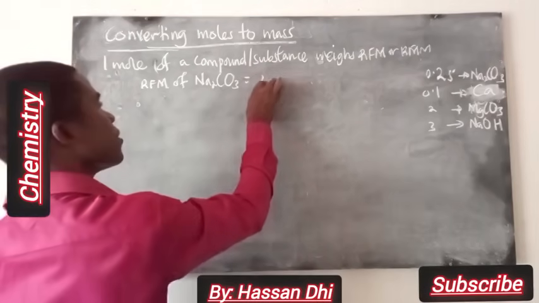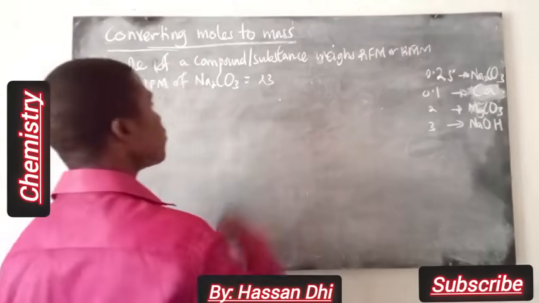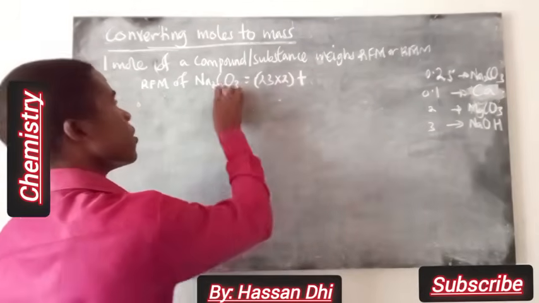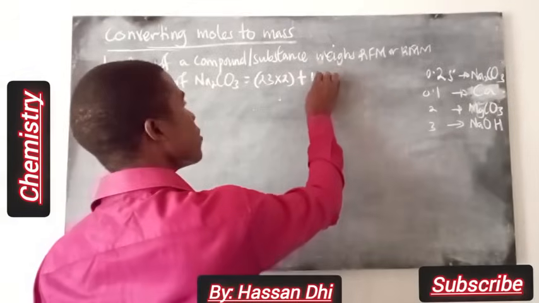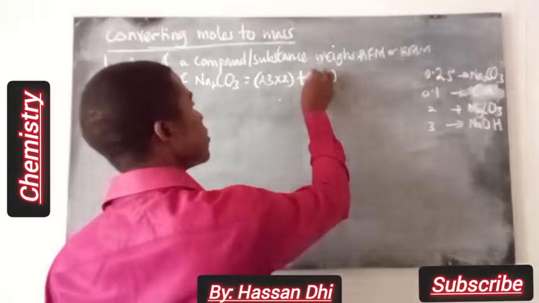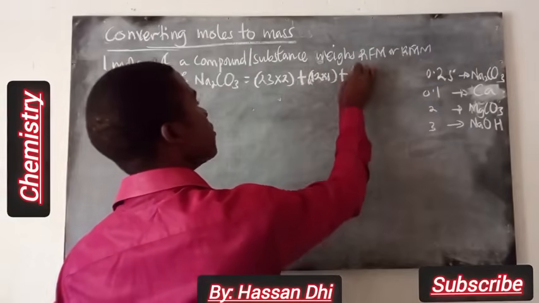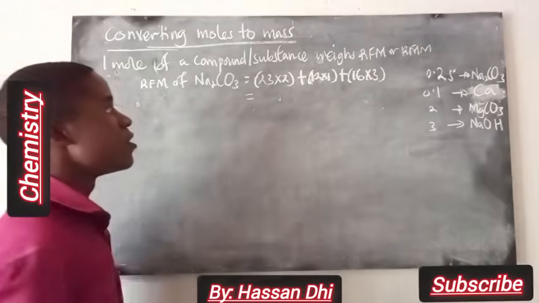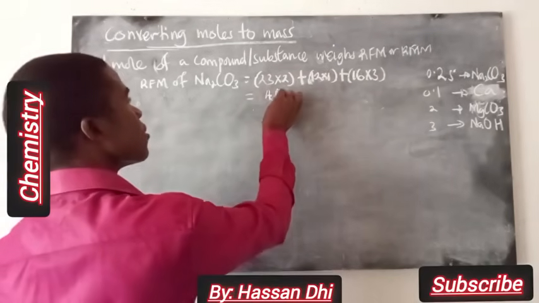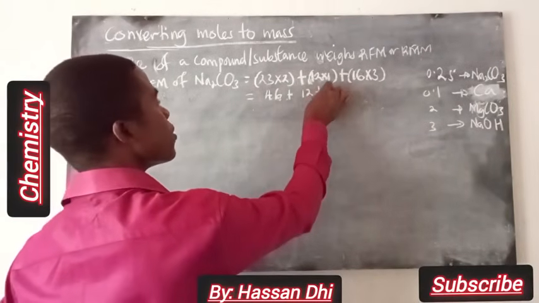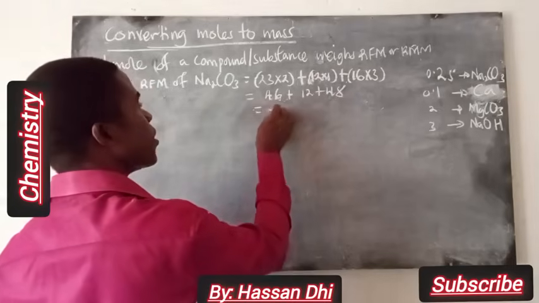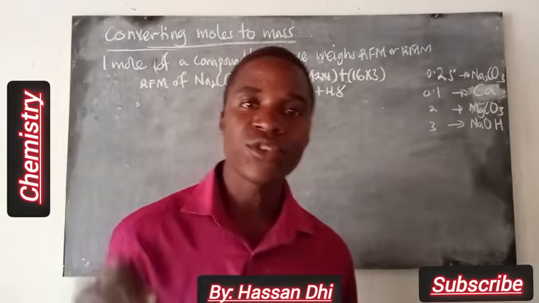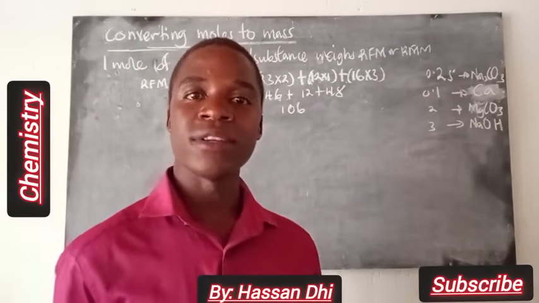Sodium is 23 times 2, plus carbon, which is 12, but it is 1, plus oxygen, which is 16 times 3. So what shall we have? This is 46 plus 12 plus 48, and the answer we are getting is 106. So the RFM of sodium carbonate is 106.